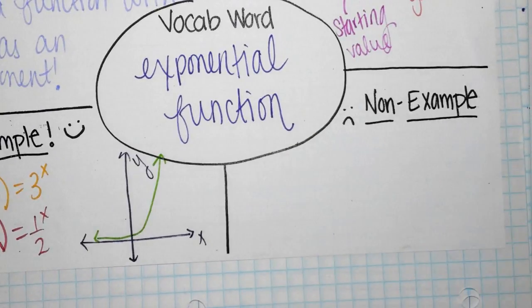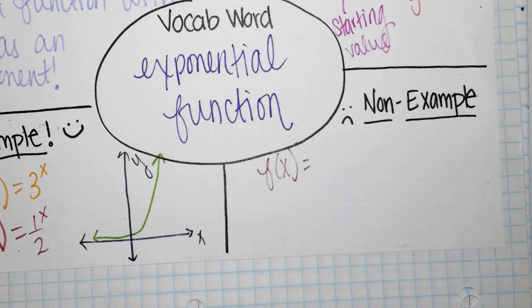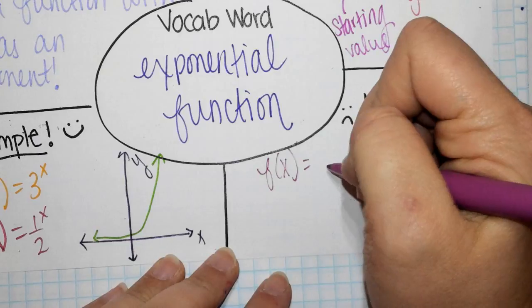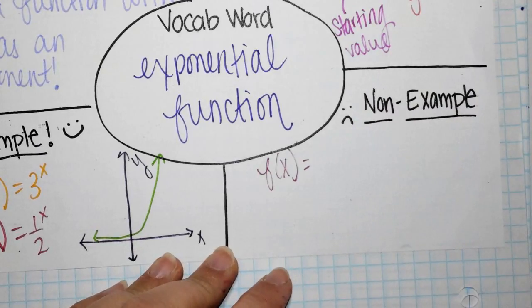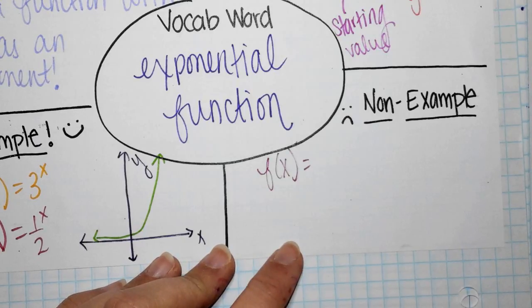All right, what would a non-example equation be? Saxon, try this one. 1.5 to the x. Can you not have negatives? X to the 4th power.